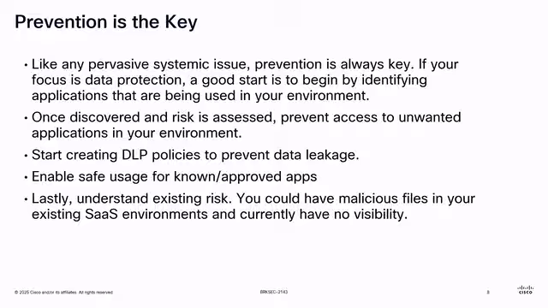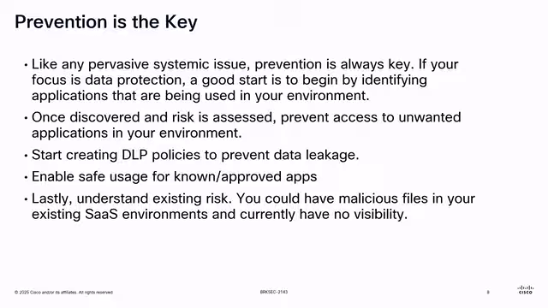But if we take a step further, the most efficient route to get to that end state of overall data protection is trying to limit the applications that are risky from running in your environment, right? And the way we do that, just like with any systemic issue, technology or not, is to be able to prevent those bad things from happening, right? And that's really what we're talking about, from a discovery and app protection standpoint.